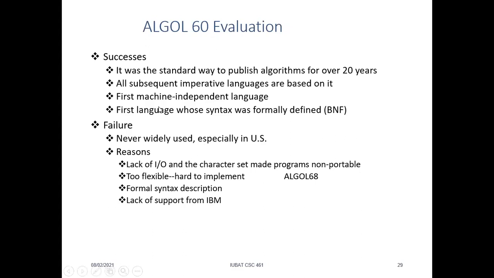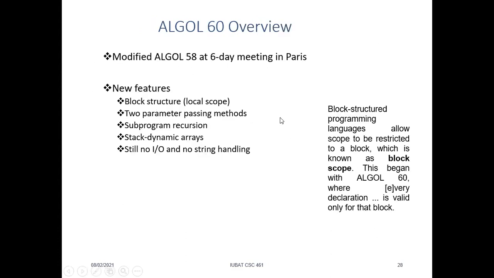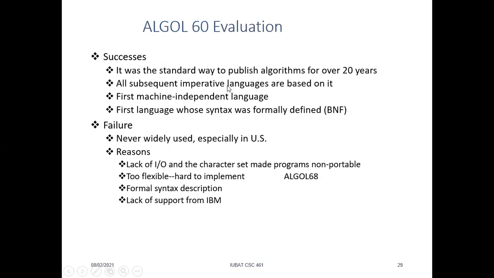To evaluate the ALGOL programming language, its success was that it was the standard way to publish algorithms for over 20 years. From 1958, even after IBM dropped its support and thought that it would not be that popular, after the scientists sat together and modified the language, it was actually popular for publishing algorithms for 20 years. So it served this purpose.